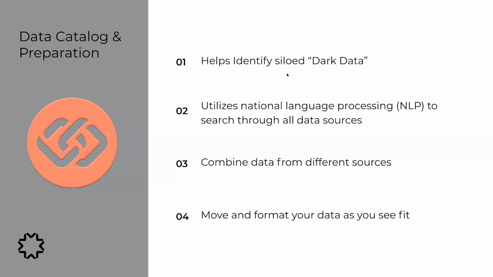Once you've found all that data, they give you all kinds of abilities to combine that data from different sources, as well as move that data to new destinations and format it, combine it, change it and aggregate it as you see fit.